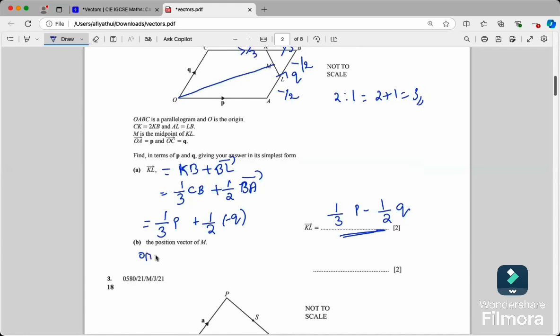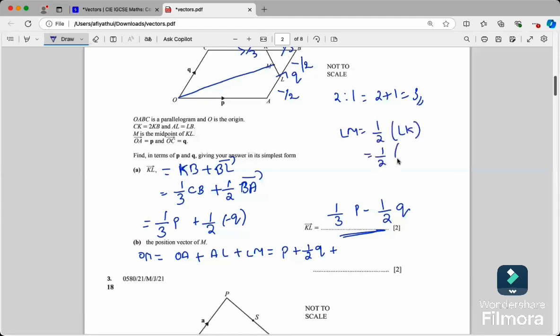OM, you can go from O to A, then A to L plus L to M, isn't it? So O to A is P, and then A to L is going to be half of Q, and L to M is half of KL because M is the midpoint. So you can find out here LM is equal to half of LK, right?